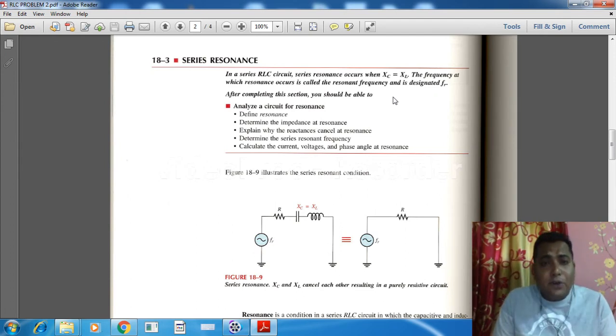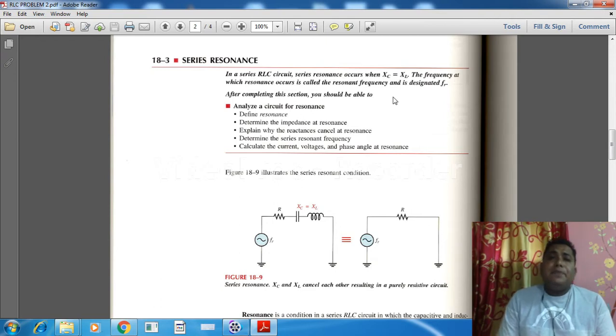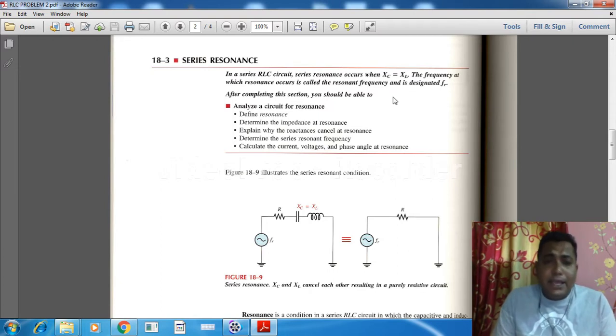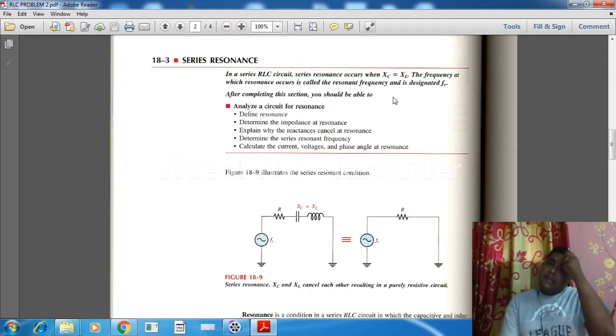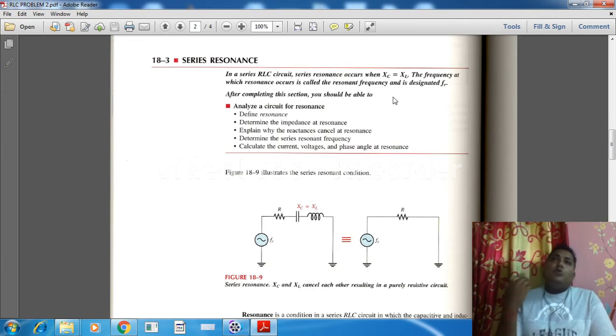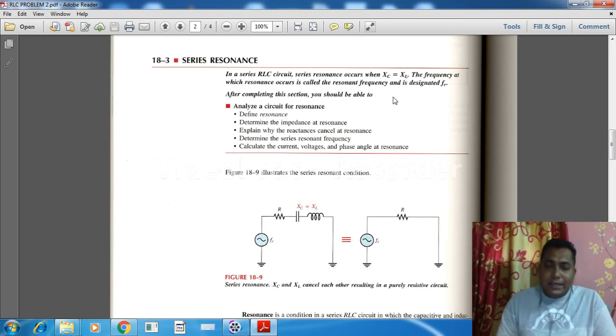Try to remember the formulas of XL and XC. XL is given by 2 pi F L and XC is given by 1 by 2 pi F C. So these are the two different equations. 2 pi is a constant term, so it doesn't have any effect. F is the frequency.